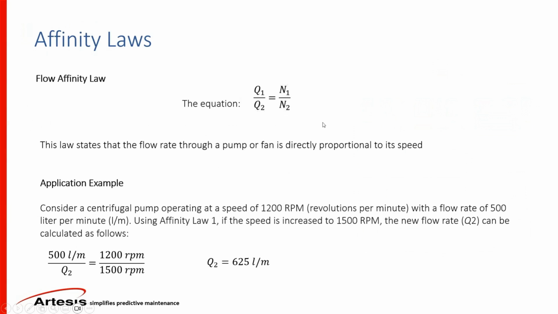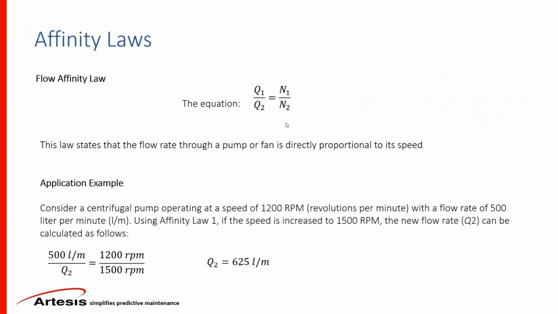So there's a direct proportionality between the two. This means when the speed of a pump is increased or decreased, the flow rate will change accordingly. For example, if we double the speed, the flow rate will double too.